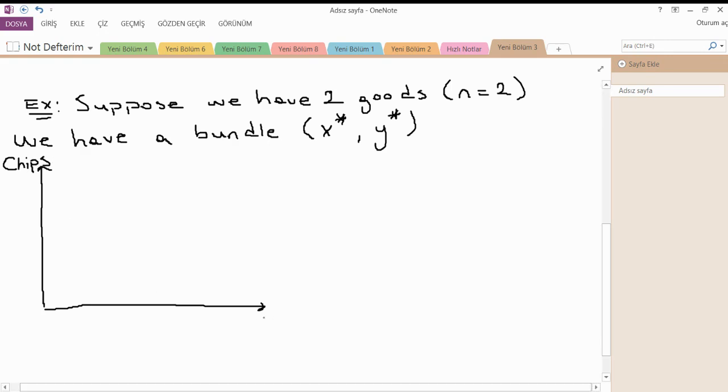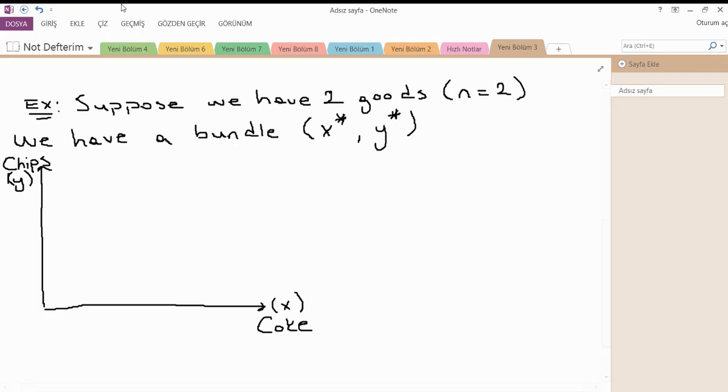And here we have, let's say, Coke, a drink. So these axes, the x-axis and y-axis, show us the quantities of the goods, okay? On the x-axis we will have the quantities of cans of Coke, let's say, and on the y-axis we will have the quantities of maybe plates of chips, okay? So this is the y-axis, and this is the x-axis.